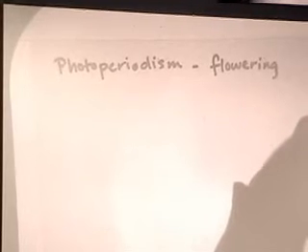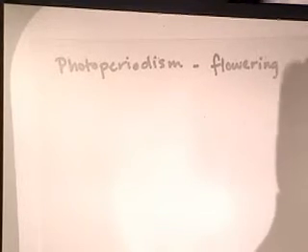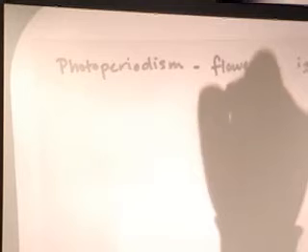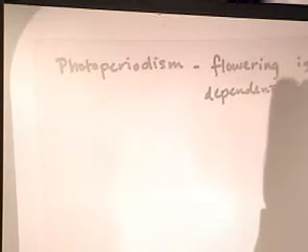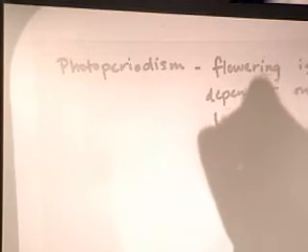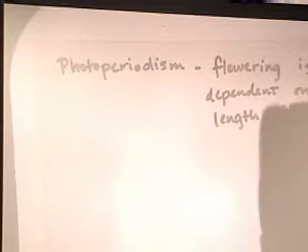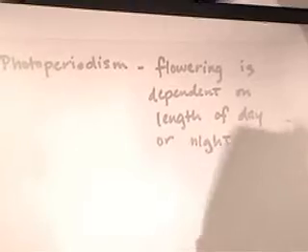It's flowering plants. Some of them will flower when it's short days, some will flower when it's long days, but really what it ends up meaning is that the flowering is dependent on the length of the day or night. And I'll explain what I mean by that in a second.